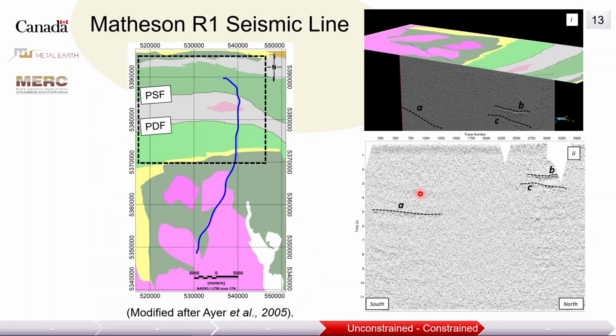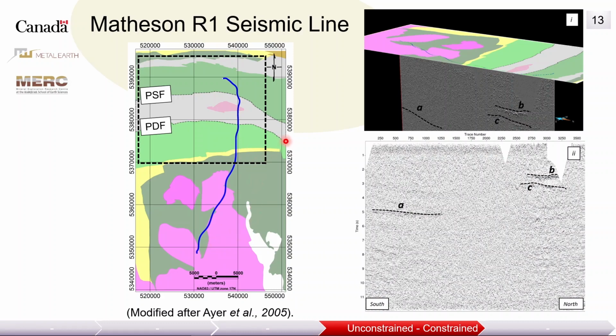But for Madison, we had the R1 seismic line, the low resolution, which covers a bigger area. Before, we were just focusing on this part, but now you get this bigger area where the seismic line also cross-cuts this big batholith.